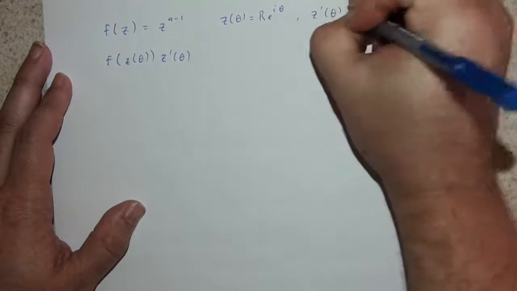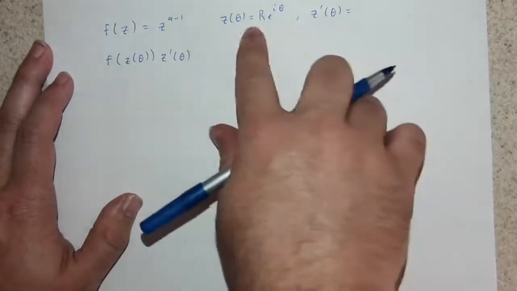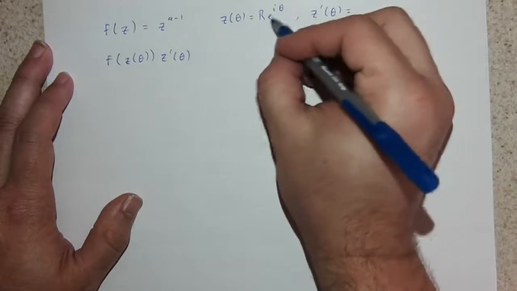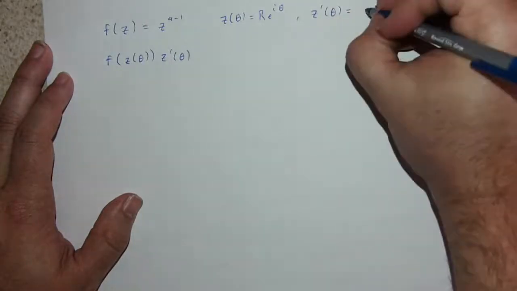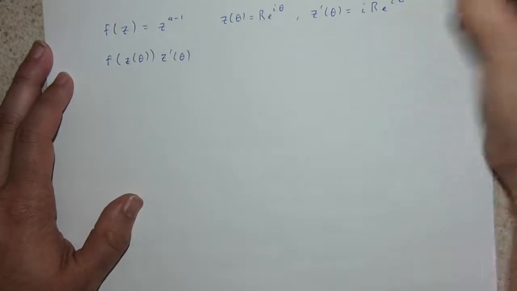That's the derivative of z of theta with respect to theta. So that is r e to the i theta times i, so this is i r e to the i theta.